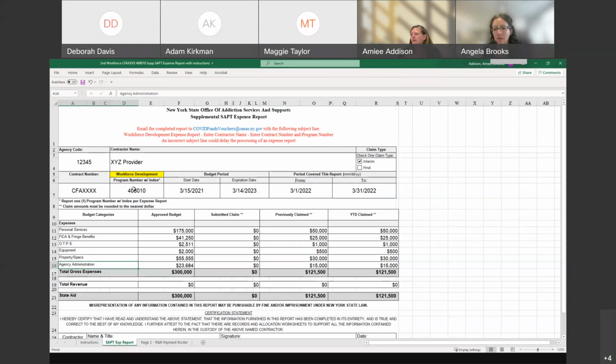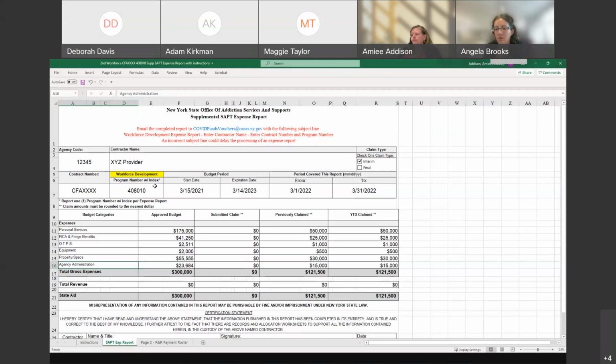Right, but they'll also receive an expense report for each of those as well, right, Amy? Correct. If they have workforce stabilization, and we make the 25%, anytime a 25% advance is paid out, an email with the 25% payment worksheet, as well as a blank expense report for each program that they're receiving an advance for.